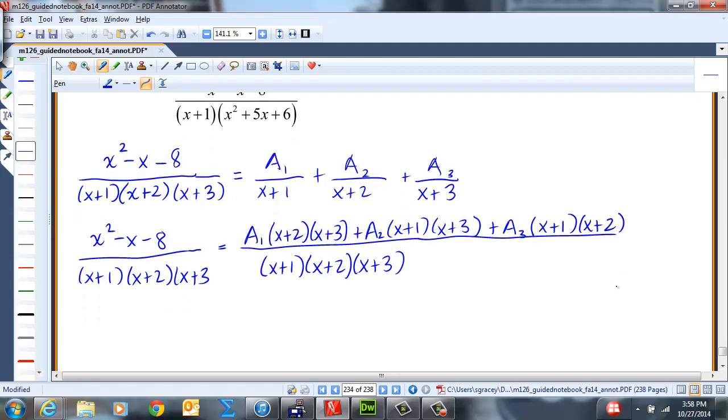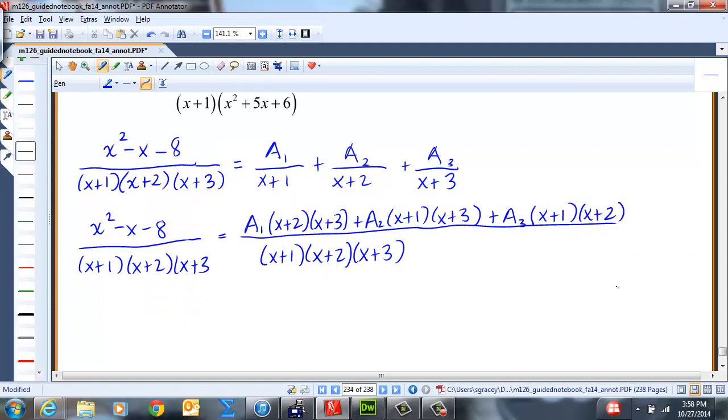Okay, so now that we have the same denominator, we can go ahead and equate the numerators. So I'm going to write this as 1x squared minus 1x minus 8 is equal to, so we're going to have a1 times, I'm going to multiply out those two binomials, and we'll get x squared plus 5x plus 6.